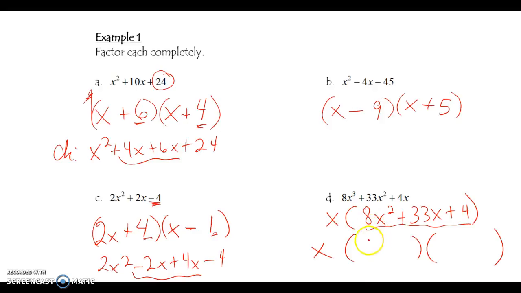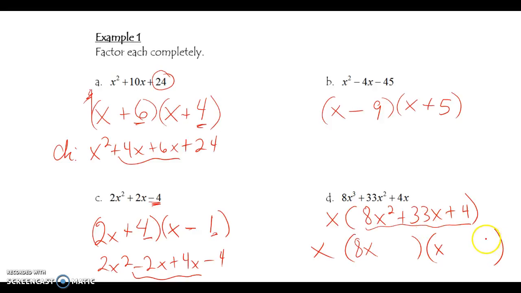So now this one's a little more difficult doing guess and check, but think about this middle term as 33. We have 8 and 4. So when you're considering factors of 8, which are 8 and 1, 4 and 2, and then we got the 4 here, I right away want to try 8x and x, because I want to get to that middle term of 33.